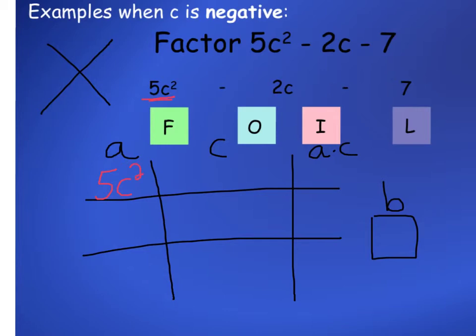Then I'm going to write c, and that's negative 7. Now, what happens if I multiply these together? 5c squared multiplied by negative 7 gives me negative 35c squared. I'll write negative 35c squared here.